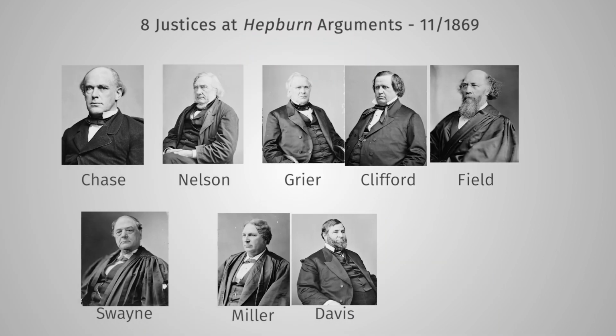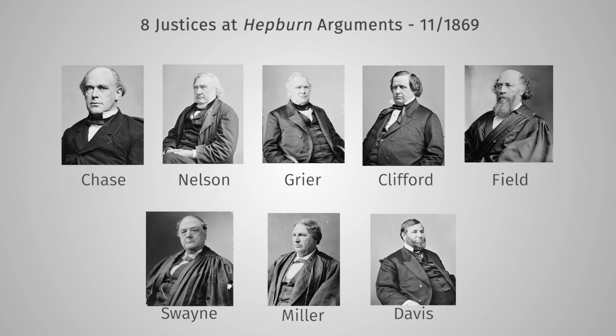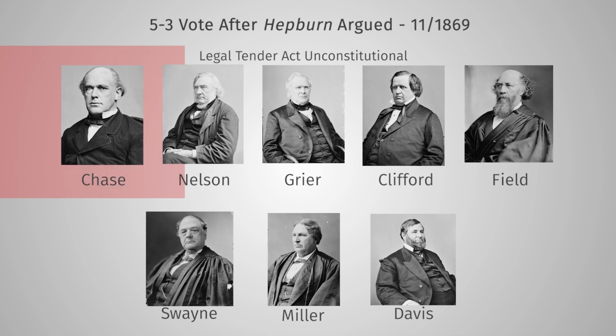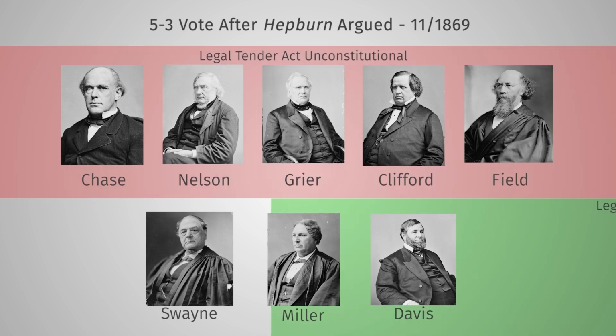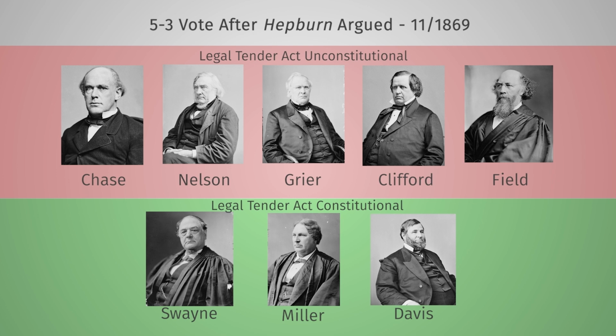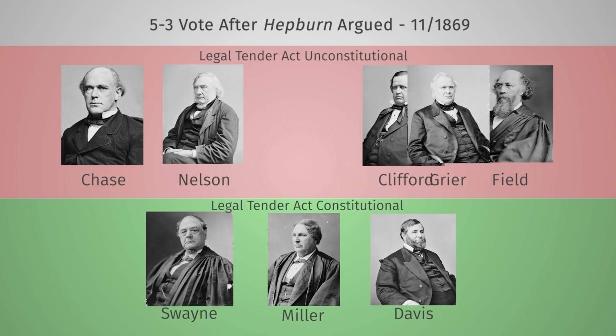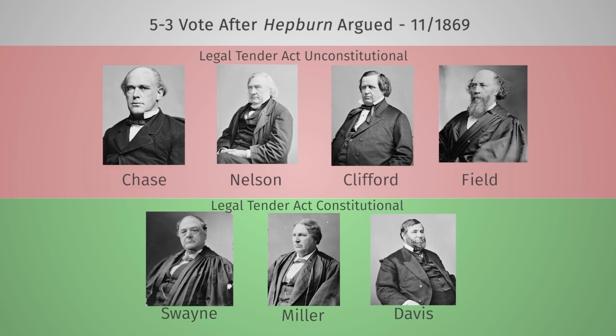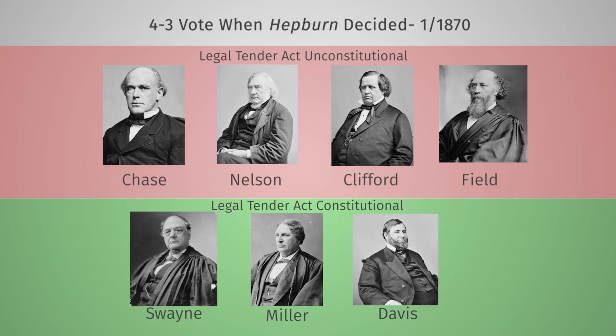Now comes the fun part. When Hepburn was argued in November 1869, there were only 8 justices on the bench. After arguments, there were 5 votes against the Legal Tender Act and 3 votes in favor of it. However, in January 1870, Justice Grier resigned before the decision was formally announced, making the final vote 4-3.